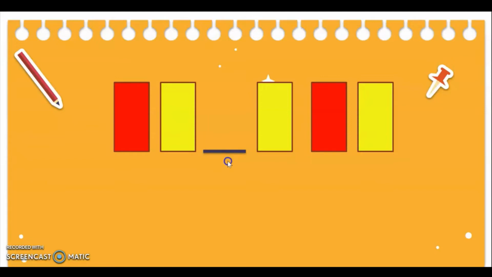Let's think about this pattern's rule, okay? Rectangles alternate between red and yellow. So what color rectangle goes in here? Yes, a red rectangle. By figuring out the rule, you were able to fill this spot in the pattern.